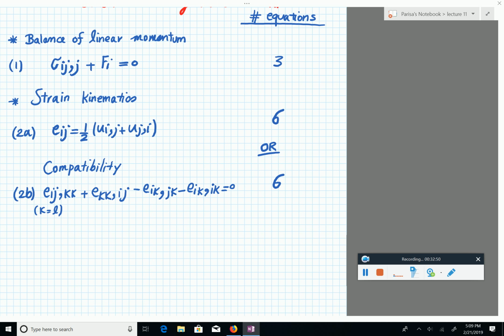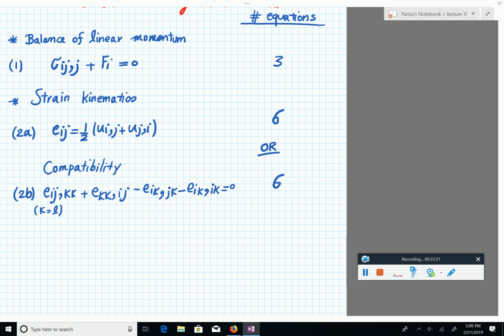One is displacement formulation, the other is stress formulation. If you are solving everything in displacement, the compatibility equation would be automatically satisfied. If you are solving things in stress, which you will see soon, then you need to use that instead. Because if you use compatibility, that already satisfies the above equation. So these are not independent from each other. That's why I use the word or.